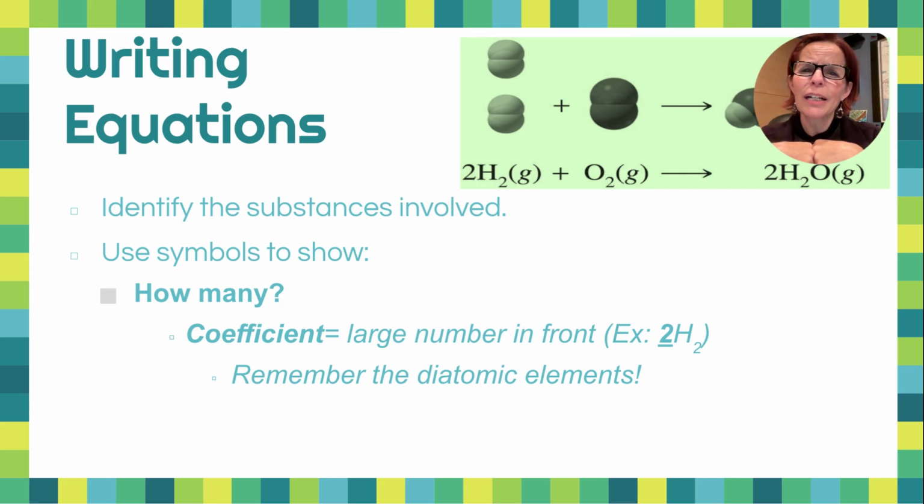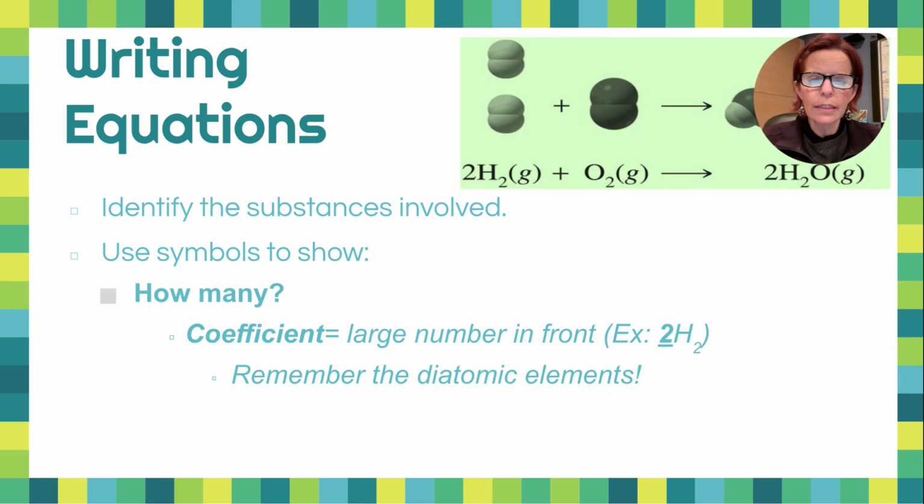The diatomic molecules are always partnered with each other. So if you have chlorine all by itself, it's never ever just Cl. It's always Cl2. Fluorine is always F2. Hydrogen is always H2. So when you're writing these equations, you can't forget that.